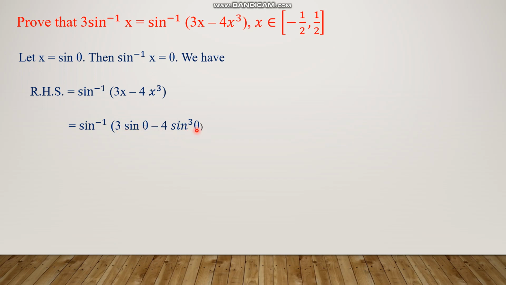We have seen this somewhere, right? This is nothing but the formula for sin of 3 theta, and sin inverse of sin 3 theta is nothing but 3 theta. And what is theta? Theta is nothing but sin inverse x. Therefore, we get the answer as 3 sin inverse x, and that will be the LHS.